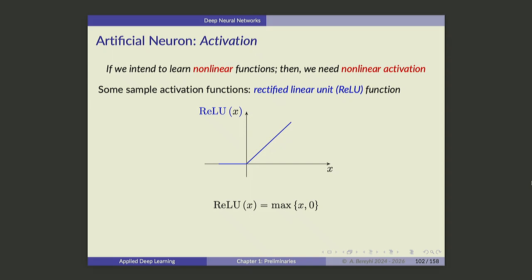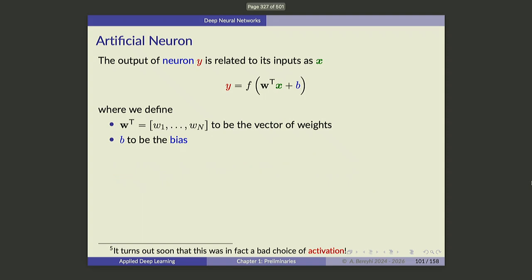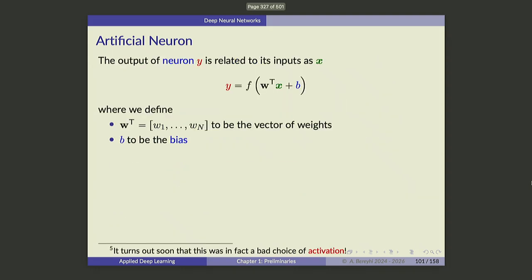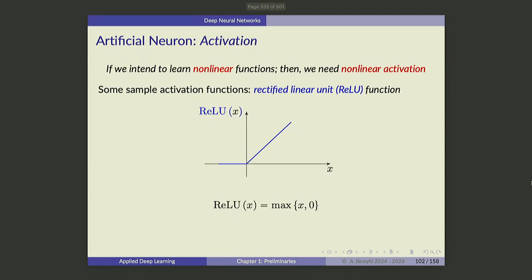So the input here is the Z, whatever you calculated after the inner product, then you activate, right? When the input is positive, you're going to pass that exactly to the output, right? But if it's negative, you're going to kill it, right? That is the ReLU function.